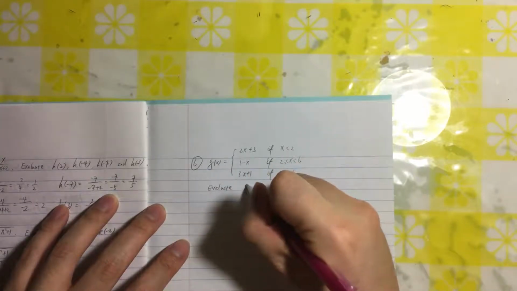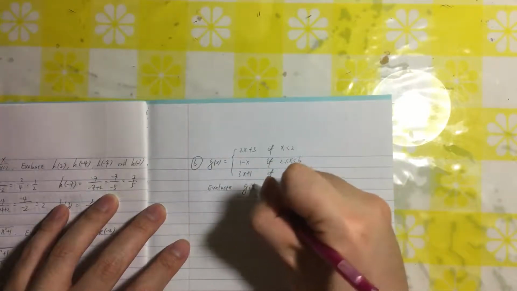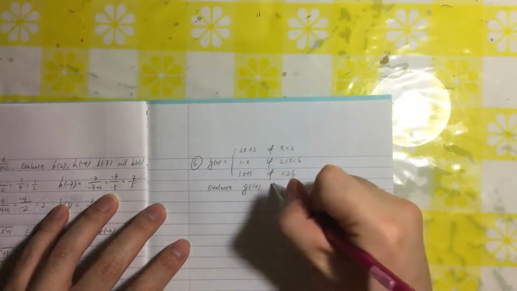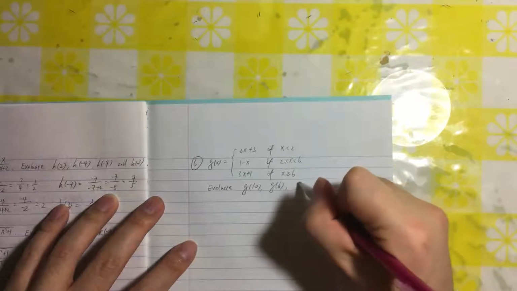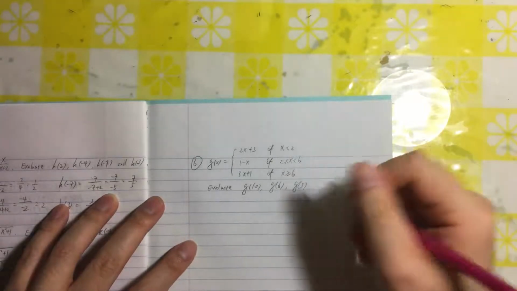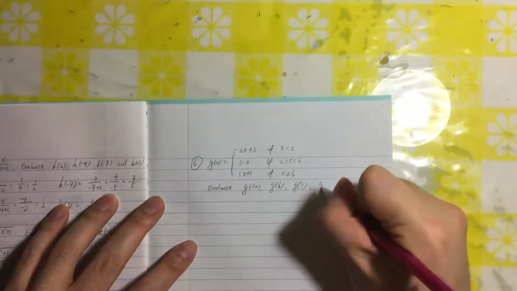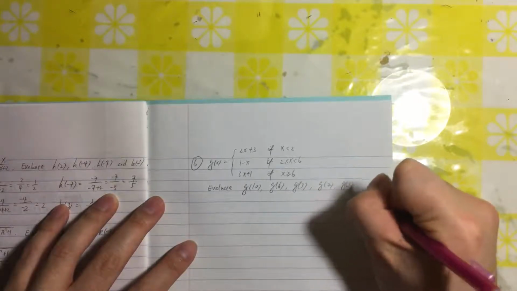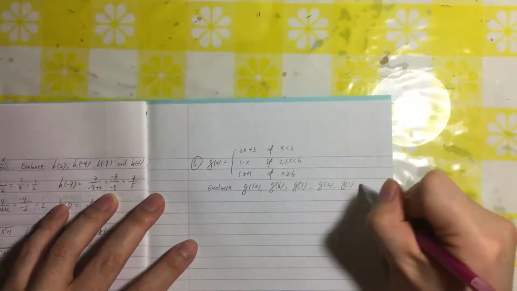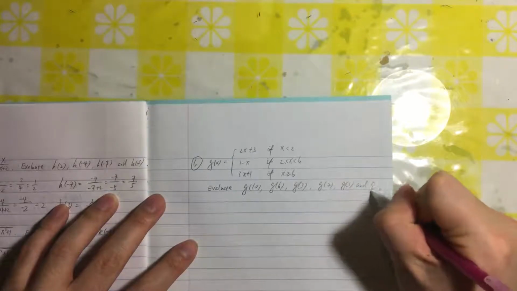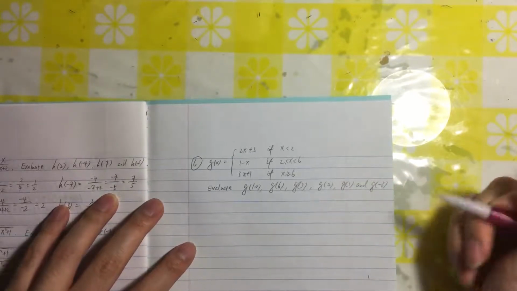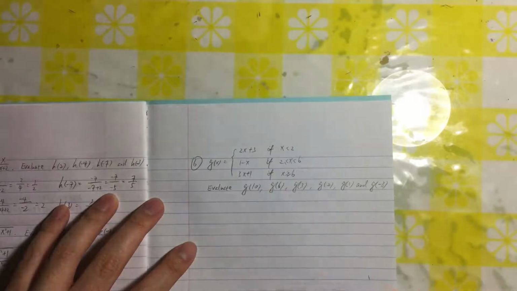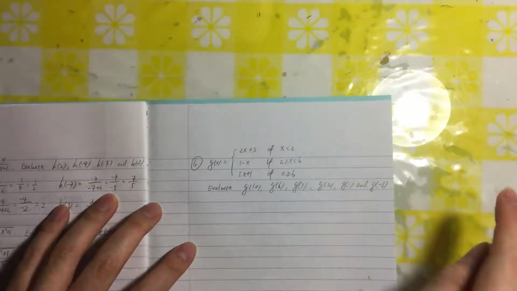Evaluate g of 10, g of 6, g of 3, g of 2, g of 1, and g of negative 3. This is also a piecewise defined function. Let's evaluate each of them.